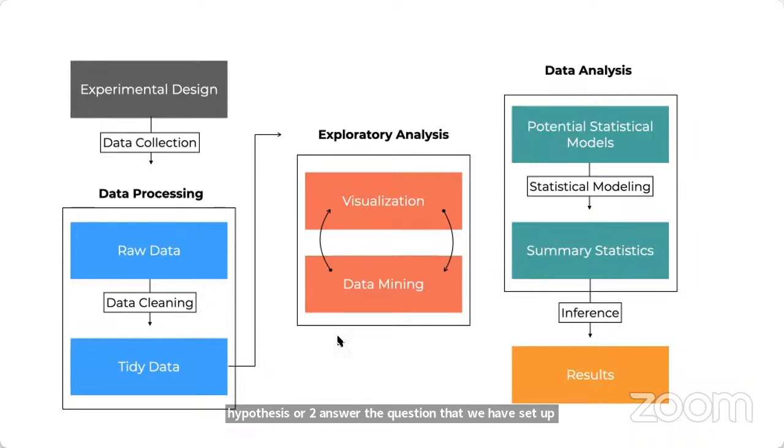So you will also learn different methods to process the data, different methods to visualize the data for exploratory data analysis, and different methods to analyze the data that suit your research question and your research hypothesis.